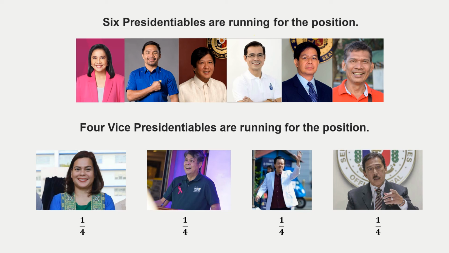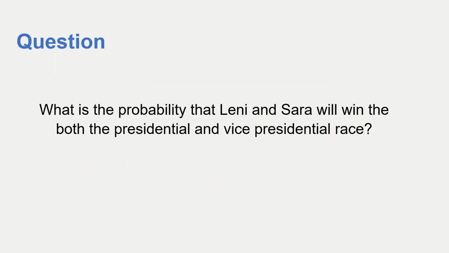So we already know the probabilities for the presidential race. All of them have a 1/6 chance of winning. For the vice presidential race, suppose there are only 4 of them, so there is only a 1/4 chance of winning. Question: what is the probability that Lenny and Sara will win both the presidential and vice presidential elections?